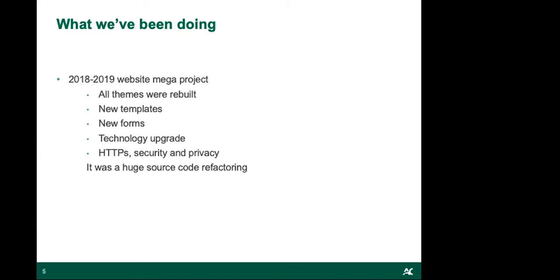Like we rebuilt our themes, we created new templates, new forms. We did a significant technology upgrade. We also did some security enhancements. So it was a huge source code refactoring. We rebuilt lots of things.